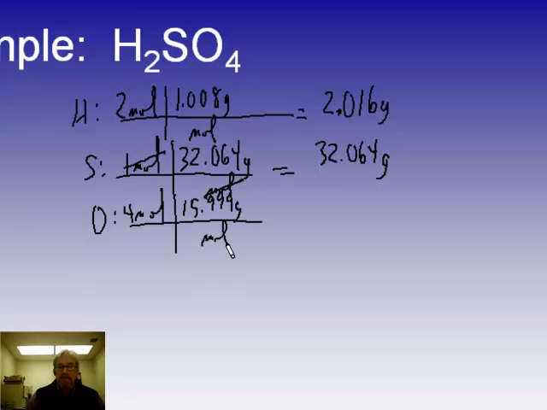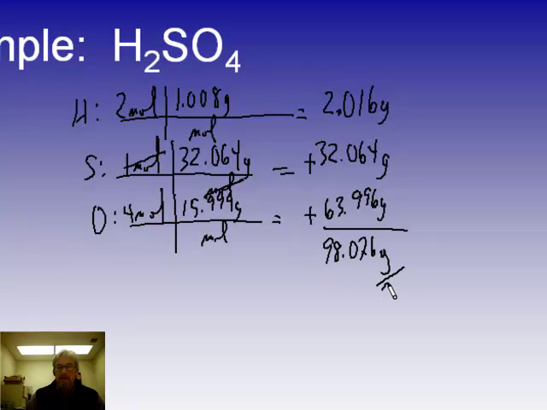So when I multiply these together, I get 63.996 grams of oxygen. So 1 mole of H2SO4 is the hydrogen plus the sulfur plus the oxygen all added up, and that comes out to 98.076 grams per mole of H2SO4.